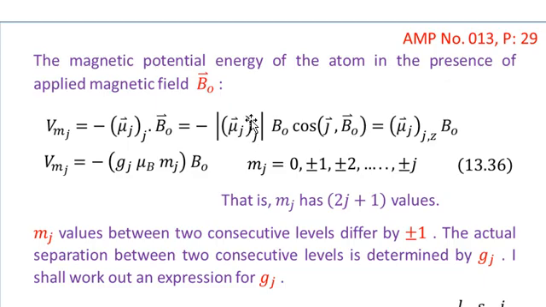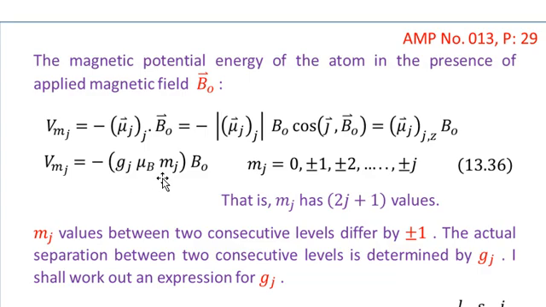So you can combine the magnitude of mu_J and the cosine of the angle between J and B as the Z component of mu_J, so the Z component of mu_J times B0.